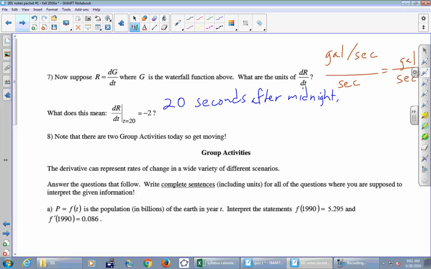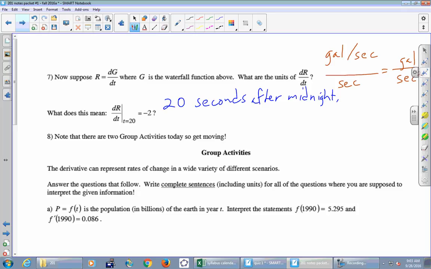Josh? The rate of flow is decreasing at 2 gallons per second every second. Yep. Yeah, all good. Let's see, can we write a sentence that doesn't include the word flow?